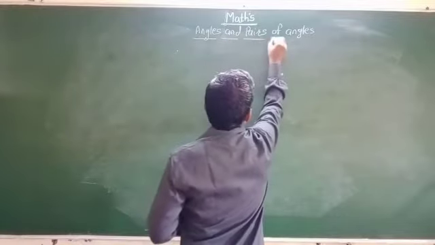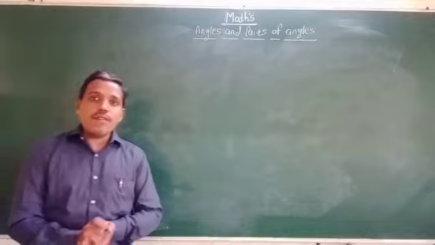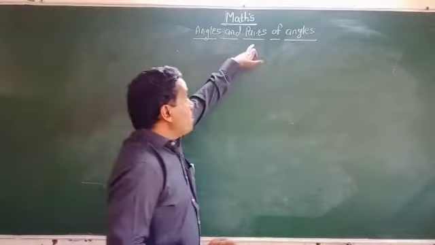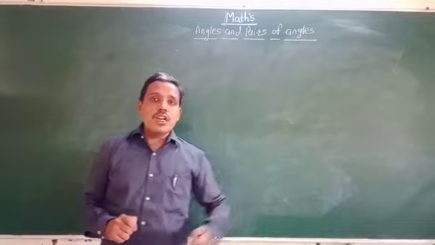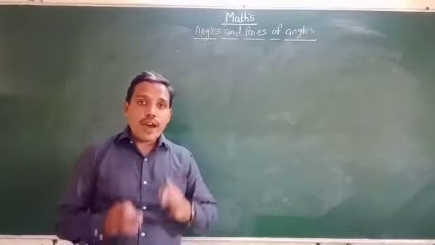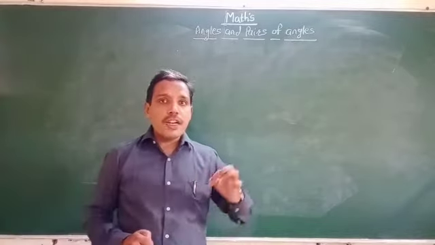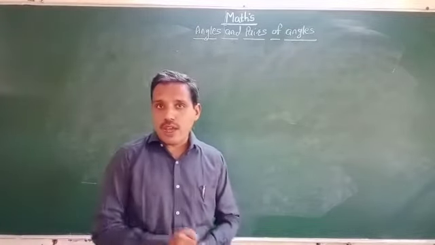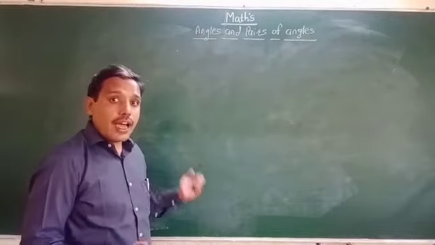In this chapter we will discuss the different pairs of angles. In the previous 6th standard, we learned about different types of angles. But here, we discuss pairs, and those pairs completely depend upon the measurement of the angle. So therefore, we have discussed what the measurement of the angle is.